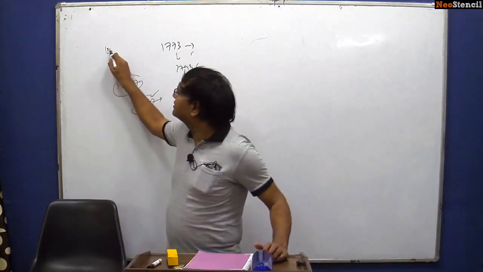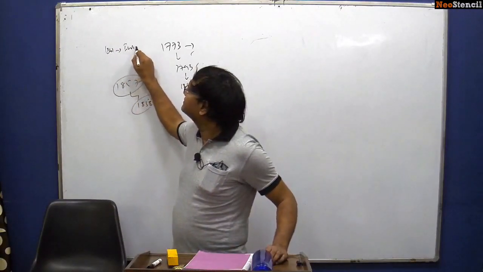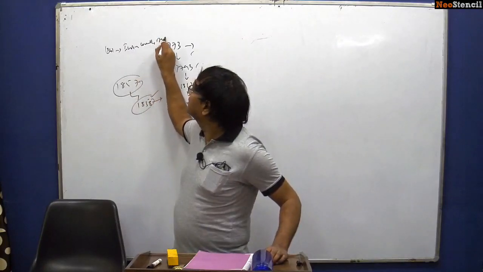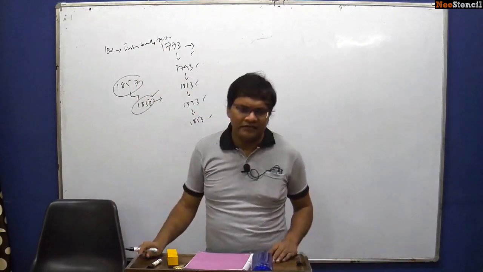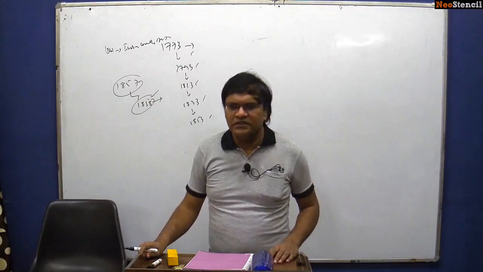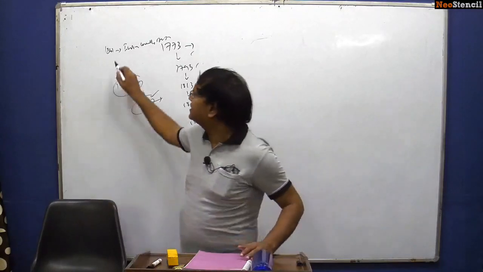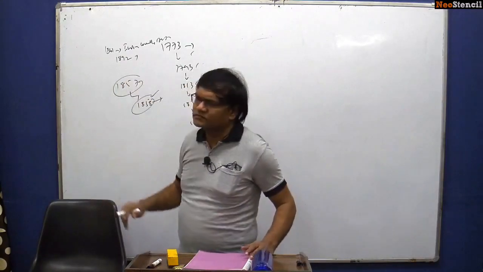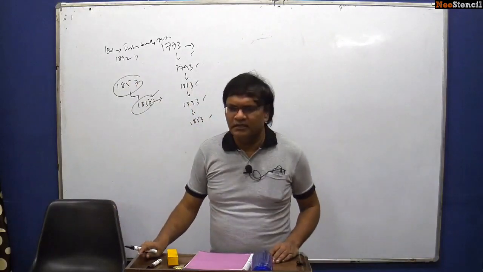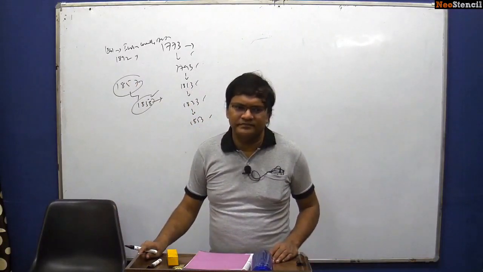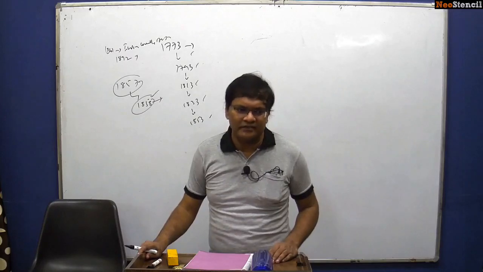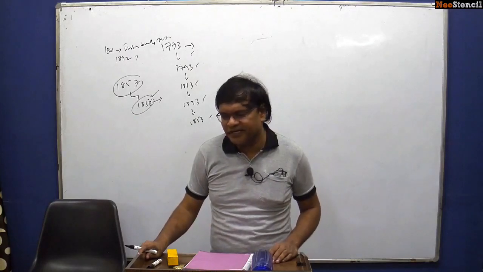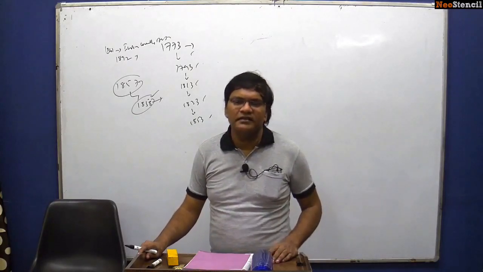After that, 1861, Indian Councils Act was passed. Then, after that, 1892. What is it? One more Indian Councils Act was passed, 1892.